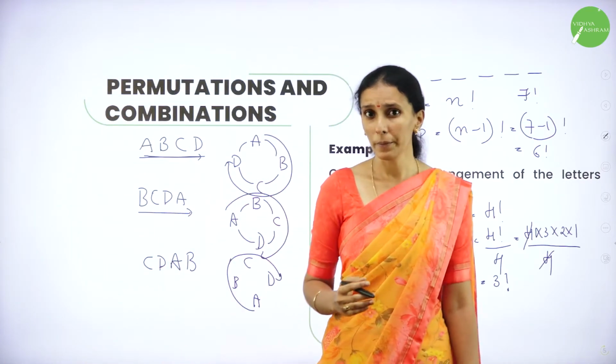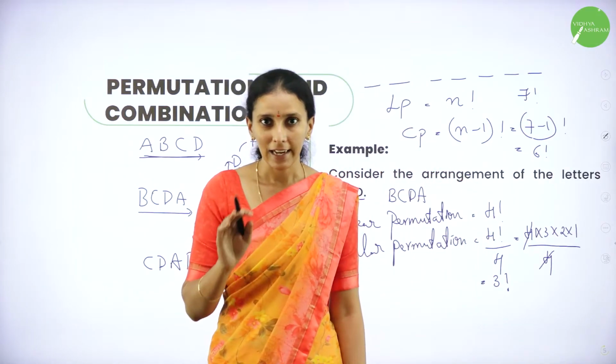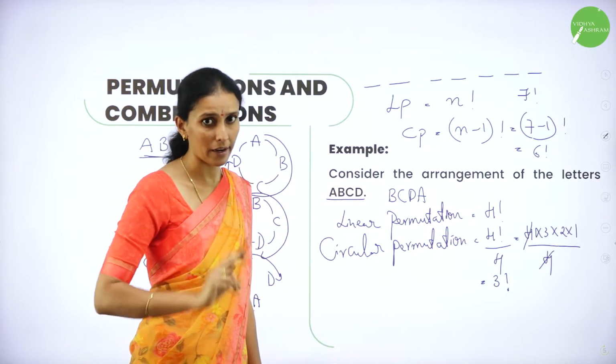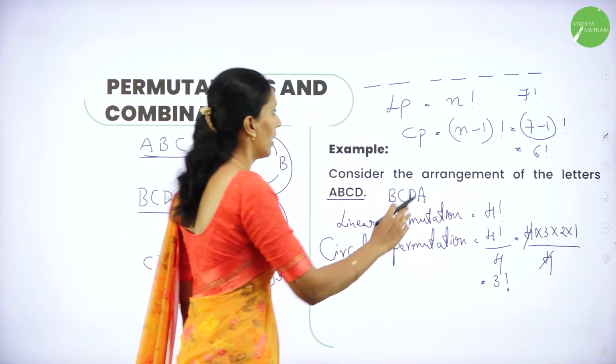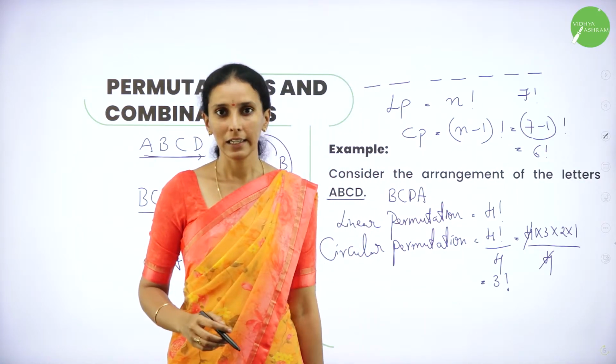In circular permutation, when you arrange the objects in cyclic order, every such permutation is considered as 1 arrangement. So the circular permutation is always less than the linear permutation.